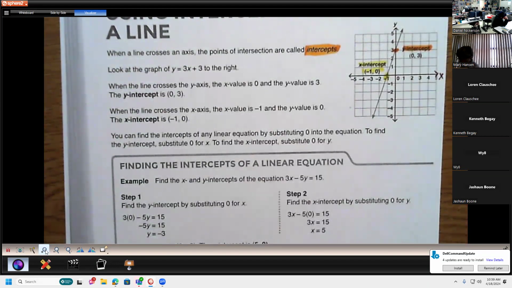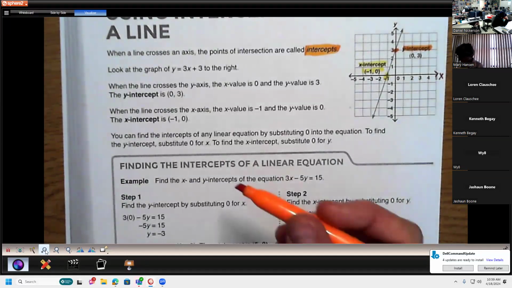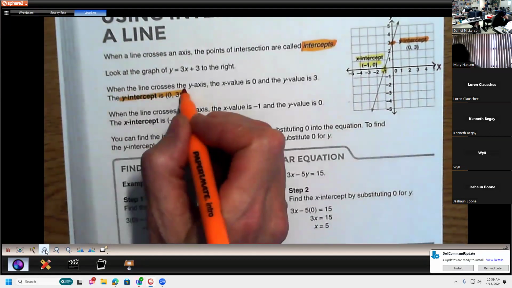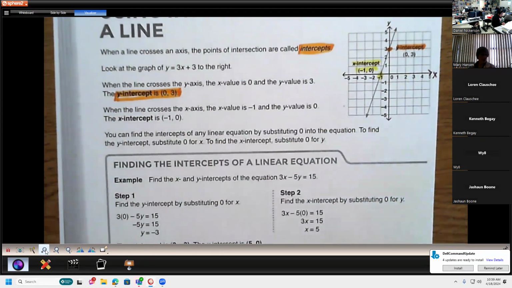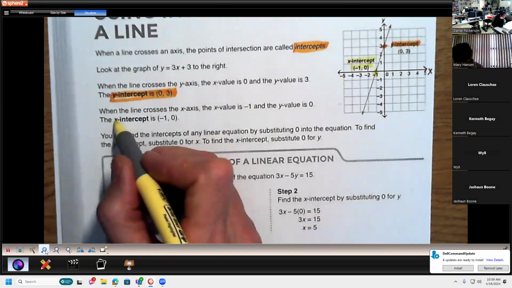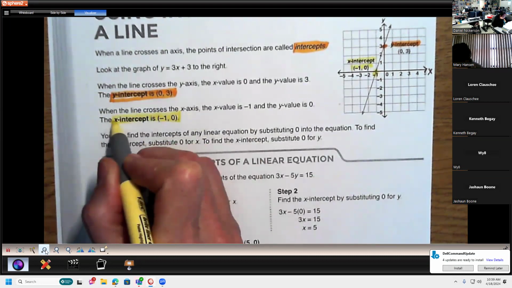So we have y-intercept and x-intercept. The y-intercept of this line on our page is 0, 3, and the x-intercept is -1, 0.